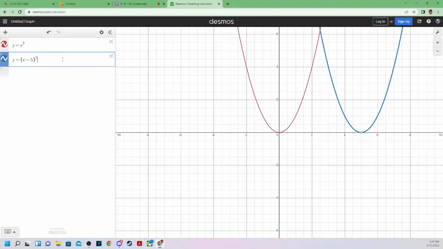And because it happens before your image appears, your image will actually look like it's going to the right instead of to the left, because the transformation already happened for the input. That is why we're going to put -h. If I had done +3, we're going to go to the left 3. If I had done -3, we're going to the right 3.